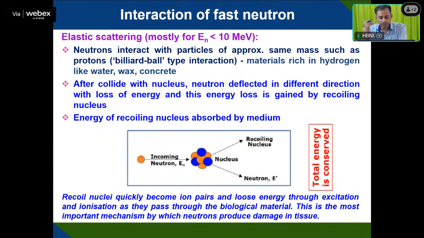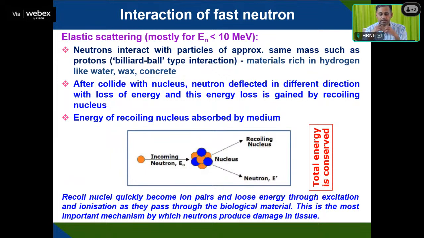But in the case of fast neutrons, the interaction is in a different way. The neutron interacts with a particle of approximately the same mass, such as a proton. Both have the same mass, so they interact like a billiard ball.